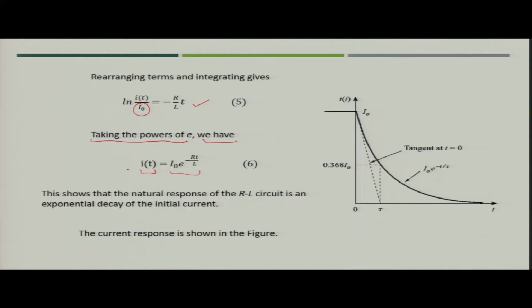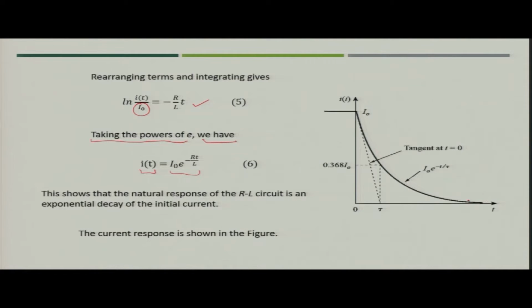If you compare it with the RC circuit, where we calculated Vc equal to V naught into e to the power minus t by RC, here the current i in terms of time t is I naught into e to the power minus R t by L. So, what would be the response of this function, I naught e to the power minus R t by L?